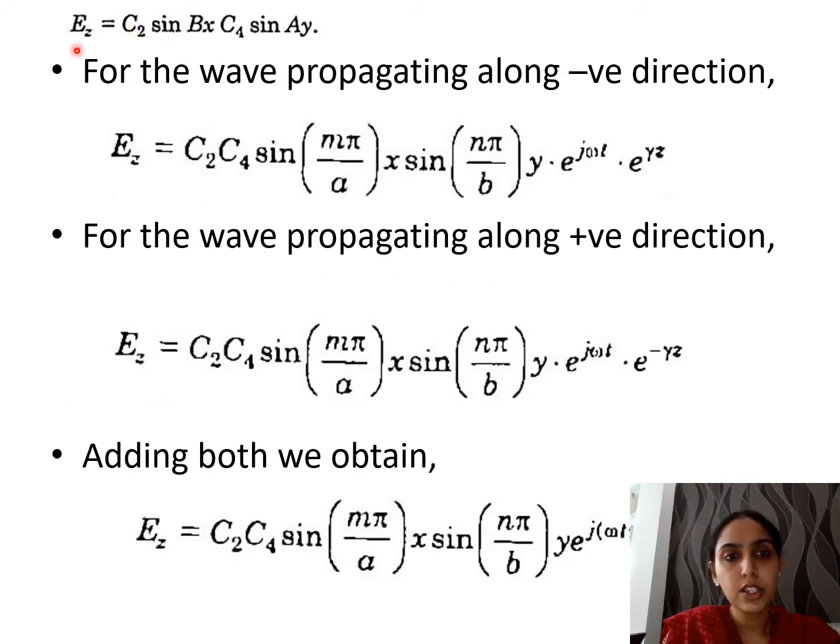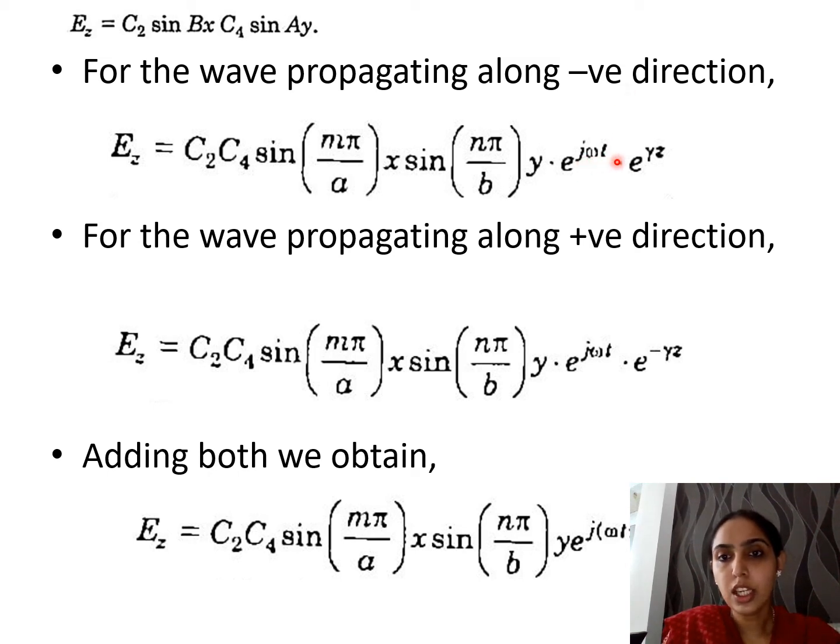Now to the intermediate solution Ez obtained, we are now going to substitute the value of constants B and A we have got. So Ez is equal to C2 C4 sin m pi by a x sin n pi by b y, e raised to j omega t into e raised to gamma z, for the wave propagating along the negative direction.